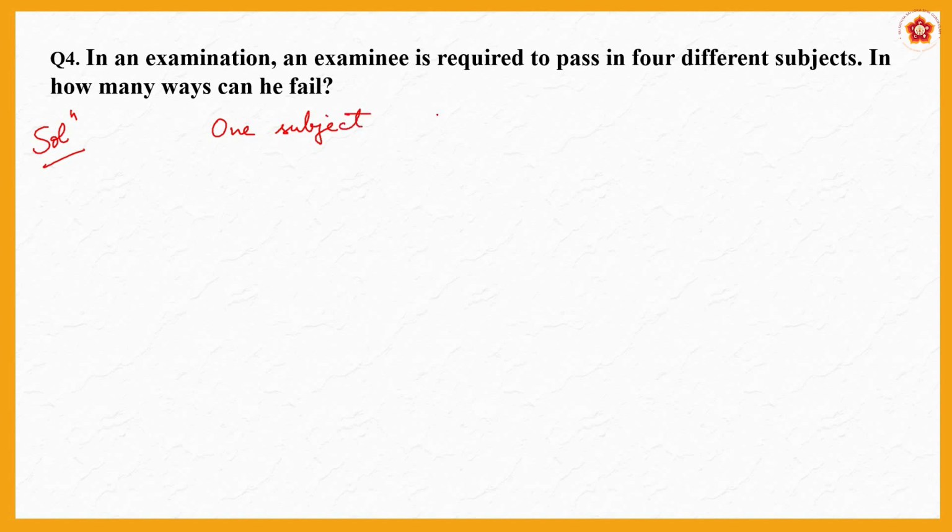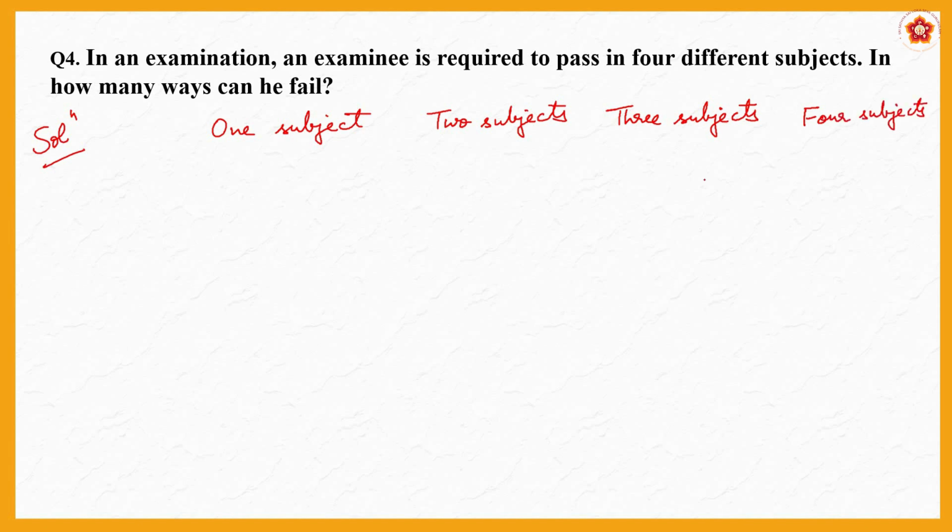It could be that he fails in 2 subjects. There is a possibility that he fails in 3 subjects. And there is one more option that the examinee fails in all 4 subjects.